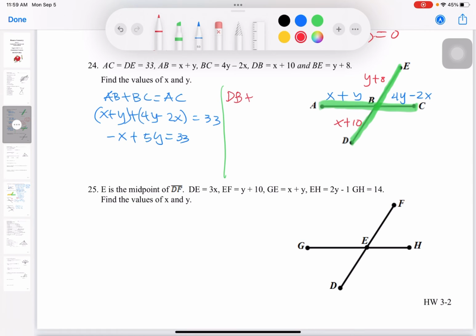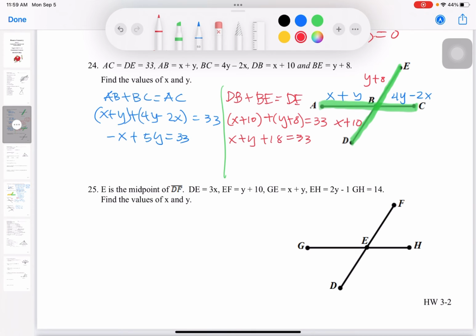Now let's take a look at the other equation that we can form from the sum of DB and BE, which is equal to DE. Plugging in those expressions, we have x plus 10 plus y plus 8, which is equal to 33. Simplifying the left side, we'll end up with x plus y plus 18 is equal to 33.